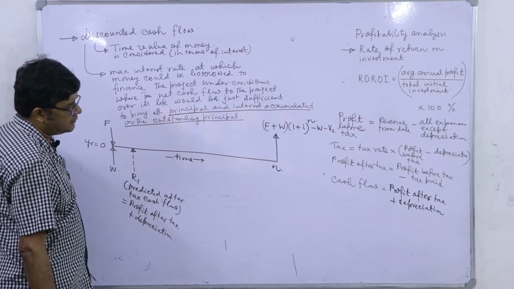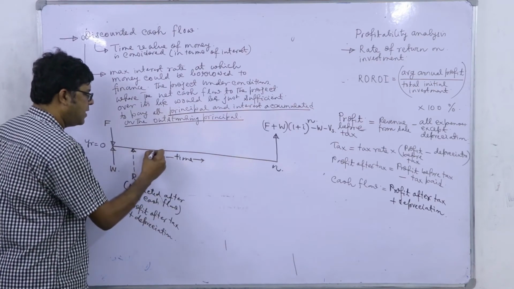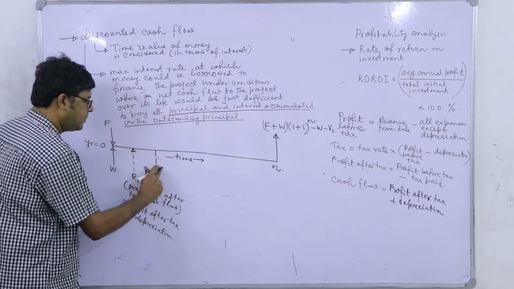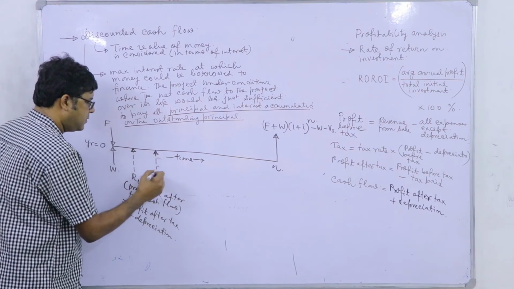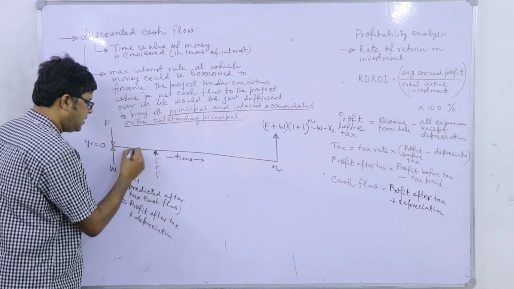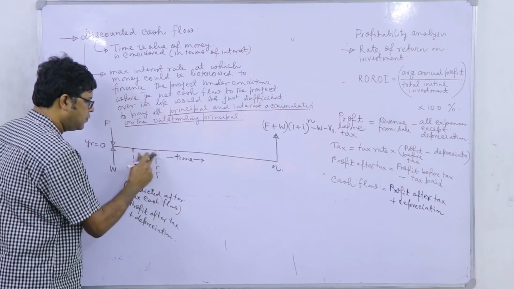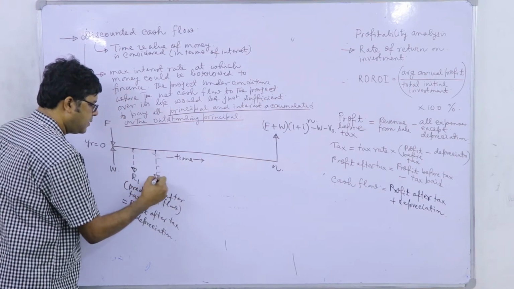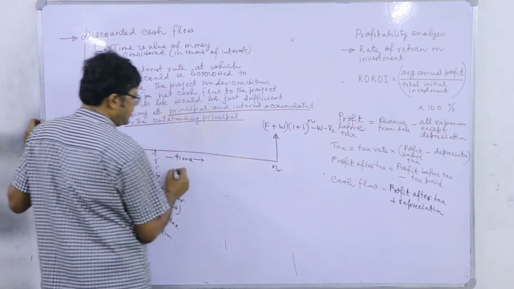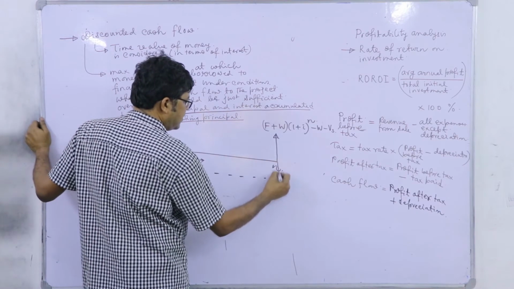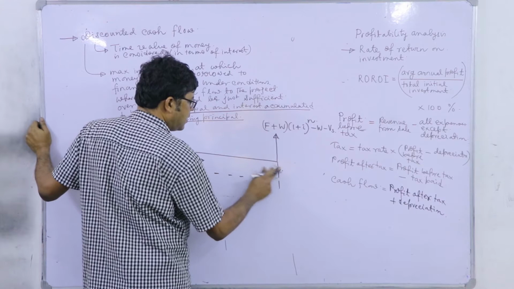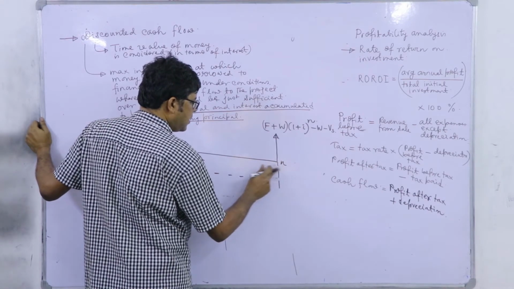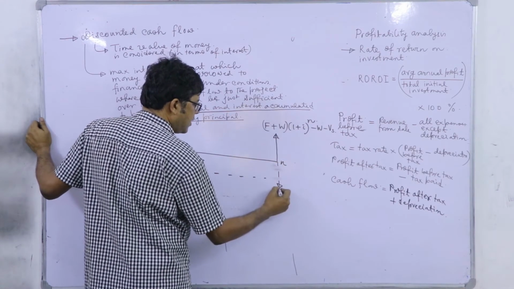Right, predicted after tax cash flow. So, in the same way, at the end of year 2, we get, or we are getting here, so the arrow should be reversed, R2, and in this way Rn.